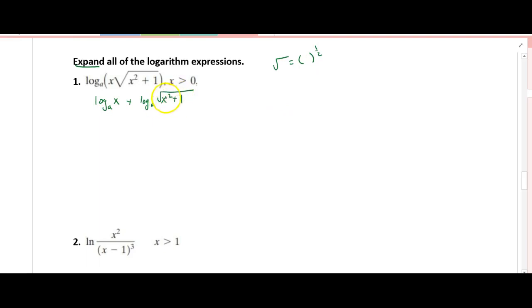So this can be rewritten as log base a of x plus log base a of x squared plus 1 to the 1/2 power. Now you should recognize this can come in front. So my final answer here: log base a of x plus 1/2 log base a of x squared plus 1, and I am done.